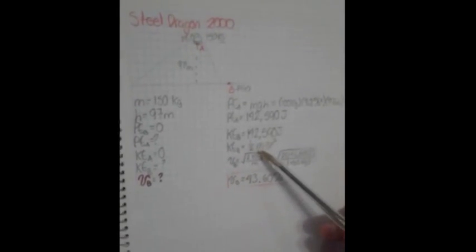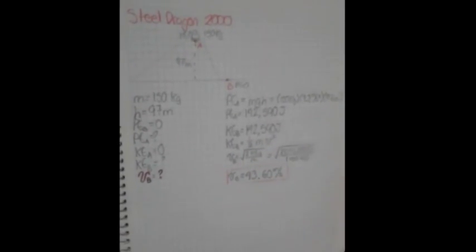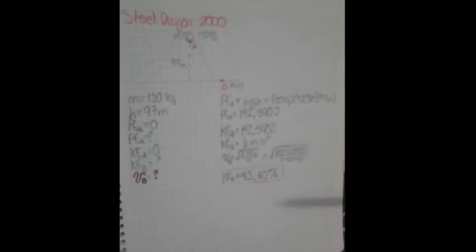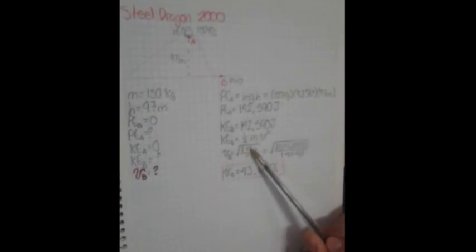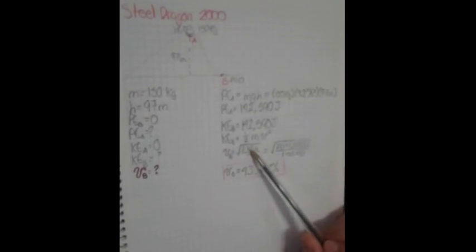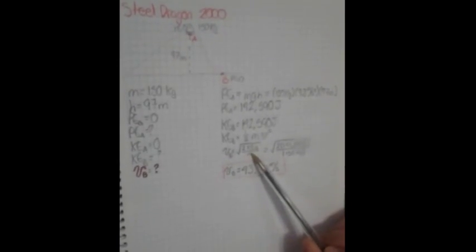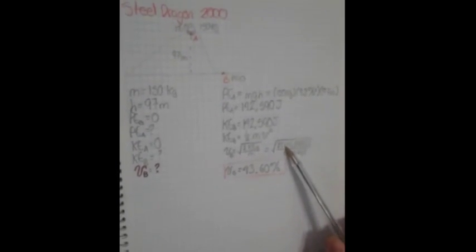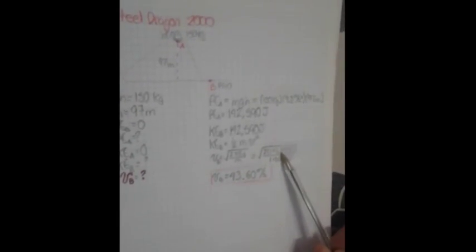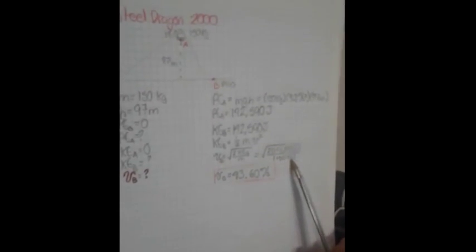The formula of the kinetic energy is equal to 1/2 of mass times velocity squared, and the final formula is velocity is equal to the square root of 2 times kinetic energy divided by mass, and that is equal to the square root of 2 times 142,590 joules divided by 150 kilograms.